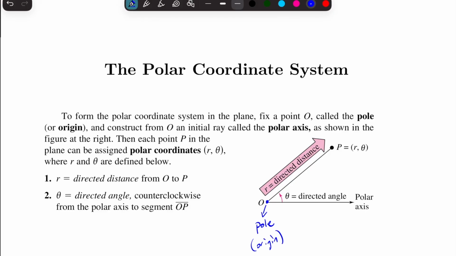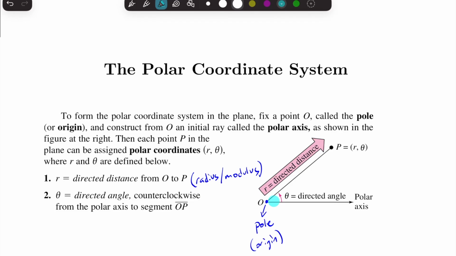The directed distance r to the point we're trying to get to, we can think of that as a radius, or sometimes it's referred to as a modulus. The axis that we measure from is called the polar axis, right? So that's, in general, for us, just going to be the positive x-axis.